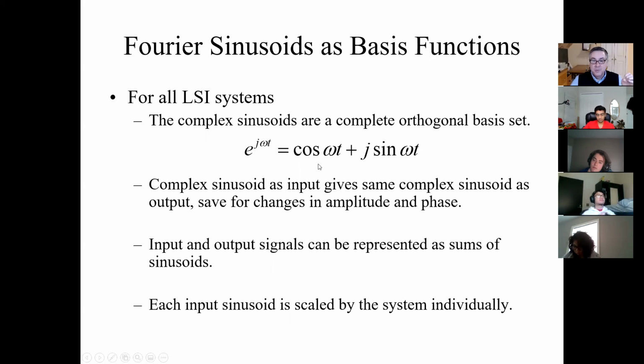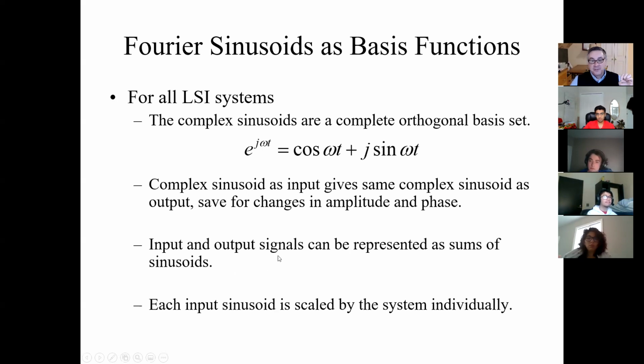If you use this as input, you'll get the same complex sinusoid as output, except for changes in amplitude and phase. You can say, how can I put an imaginary part of a signal into a system? You can't, but the principle applies if it's just a cosine or a real valued sine function also.